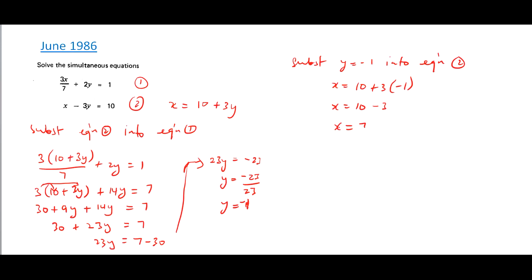Right, and we can easily substitute these values back into our original equation and see if we get the same thing. So our solution set is x is equal to 7 and y is equal to minus 1.